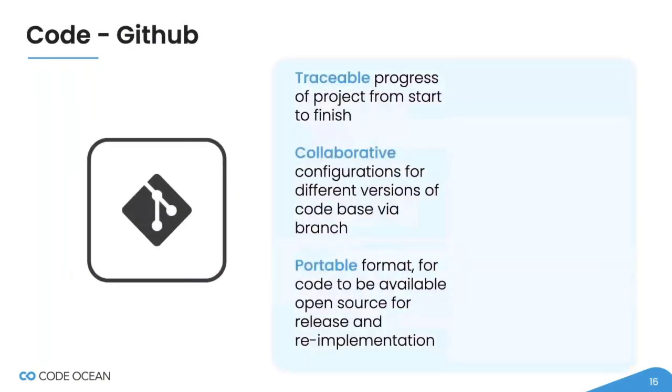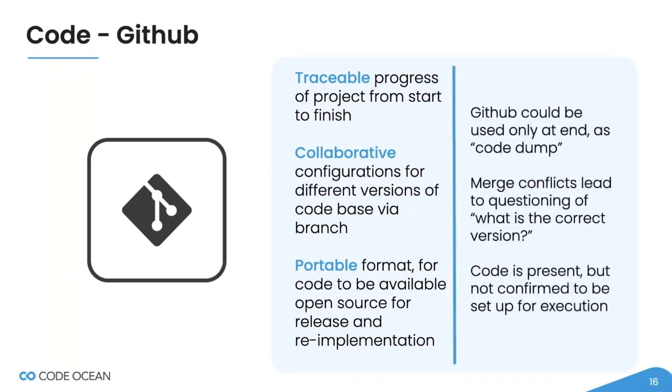When it comes to providing code via GitHub, we have the advantages of traceable, collaborative, and portable. So what are some disadvantages that can arise? Even though GitHub provides you a way to trace your progress of your project from start to finish, sometimes GitHub is only used at the end as a means to provide the code base for publication, and it's used as a code dump, which could cause some issues.